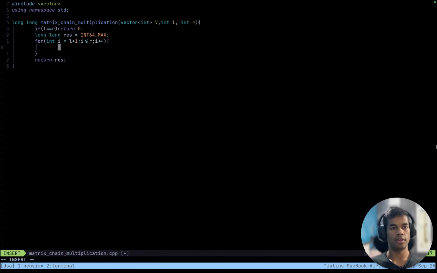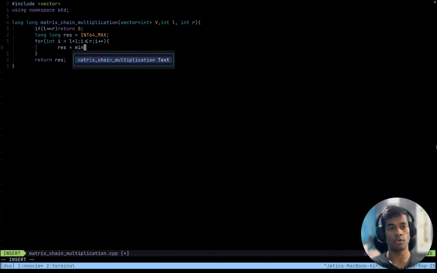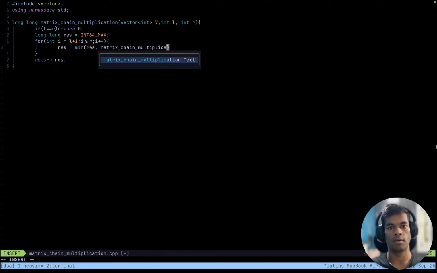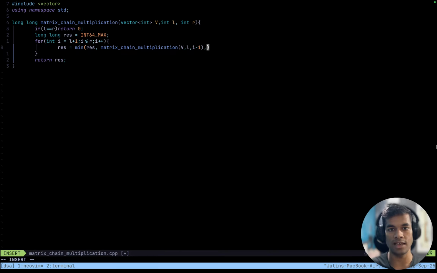Now, internally, res is going to be the minimum of the original value of res and the number of scalar multiplications in the left part, which is going to be matrix chain multiplication for the V matrix, where our left side is L and our right side is I minus 1, because the right side is not included, because I is not included.